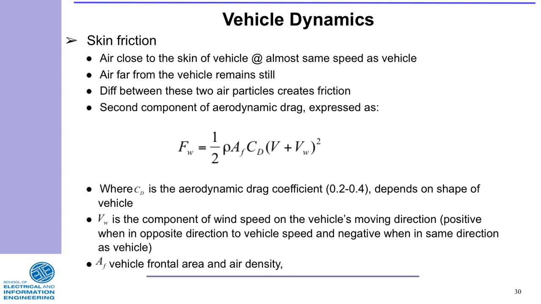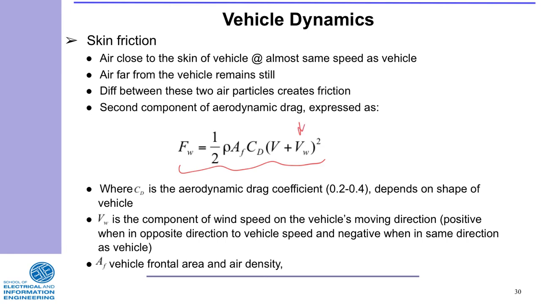There's also what we refer to as the skin effect. The air close to the skin of the vehicle moves at almost the same speed as the vehicle, but the air further away from the vehicle, of course, moves at a slower speed compared to the vehicle, and the difference between these two actually creates a friction. All right, and that friction force is defined by this equation, where it's a function of the speed of the air and the speed of the vehicle.